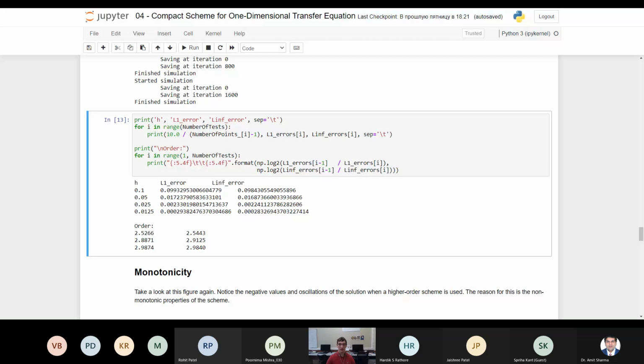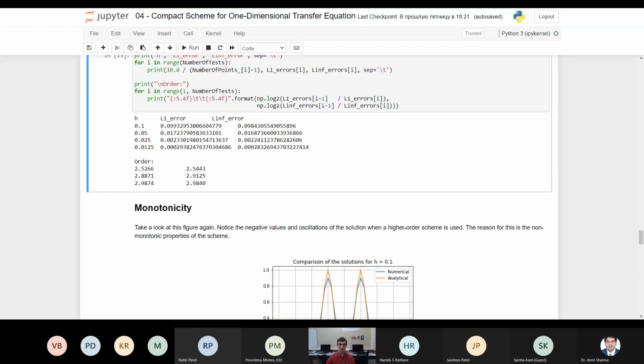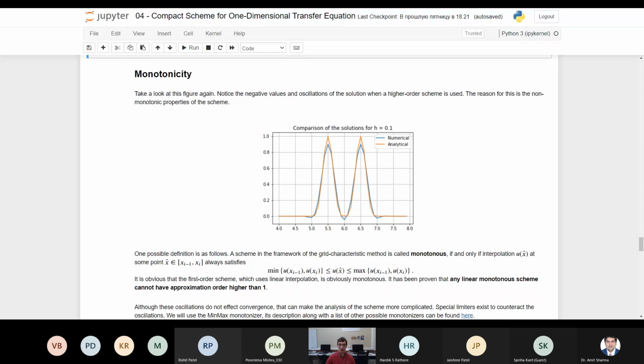And another important concept in numerical methods that we will discuss today is monotonicity. In this picture, you can see again the result of the comparison between the analytical solution in orange color and the numerical solution in blue color.